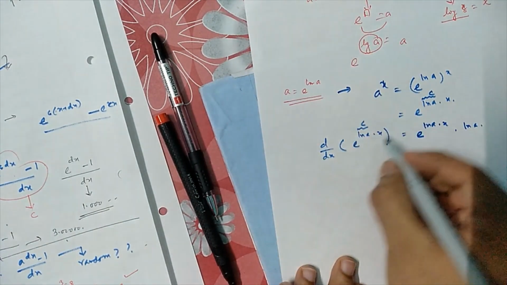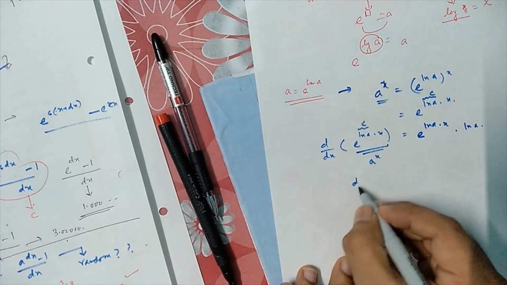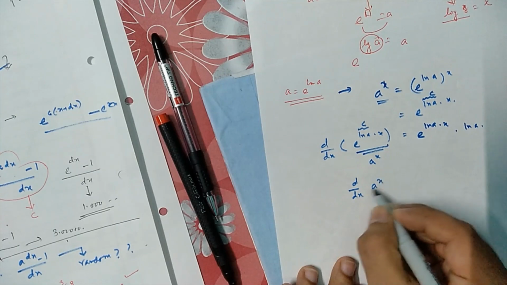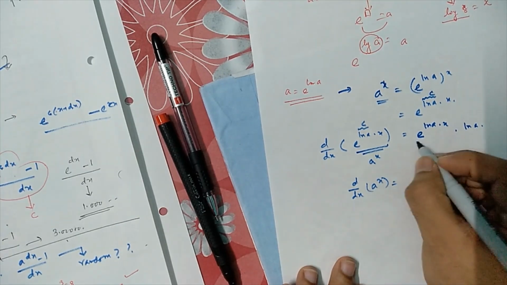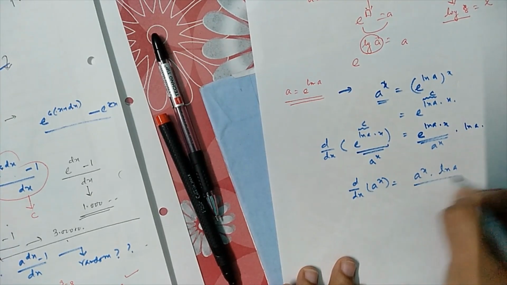And that is nothing but a to the power x. So d/dx of a to the power x is equal to a to the power x into ln a.